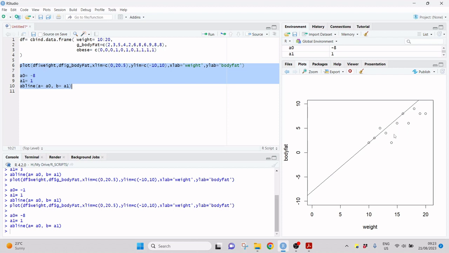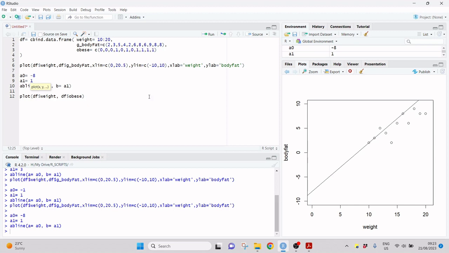Okay, so this was the case of simple linear regression, a metric variable on the x-axis and on the y-axis. And now we go to this other variable that we have here, the obesity status. We're again just going to start off with a plot. So we say plot, data frame white, weight as the explanatory variable, and obese as our response variable.